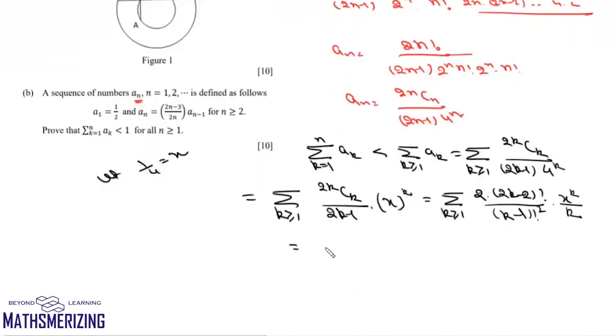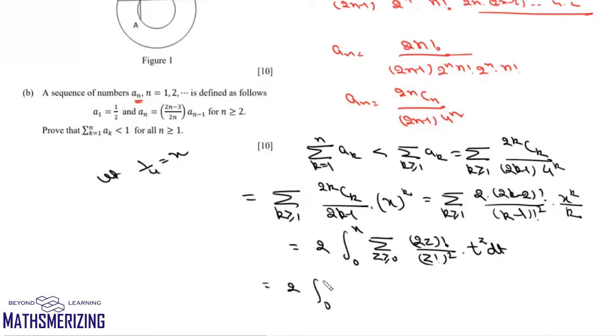Now we can write this summation as an integral from 0 to x, and then the summation, with some variable say z greater than or equal to 0, of factorial 2z upon factorial z square into some variable say t to the power z into dt, which is 2 into the integral from 0 to x of (1 minus 4t) to the power minus 1 by 2 into dt.